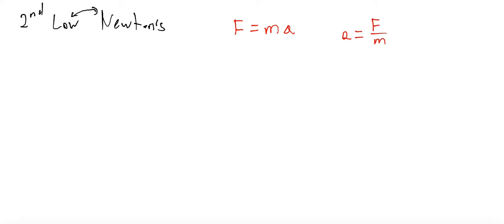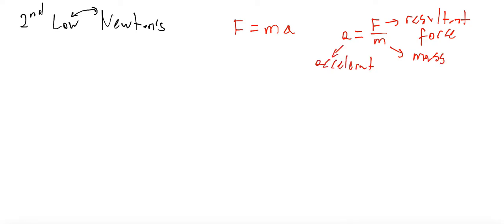You have to know the resultant force acting on the object, and you have to divide this resultant force by mass. Resultant force acting on the object divided by mass of the object gives acceleration. We did a few simple examples.